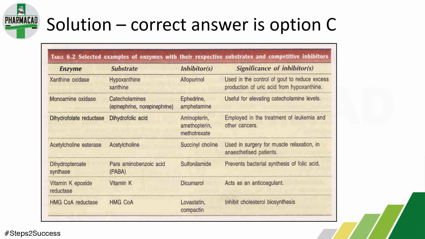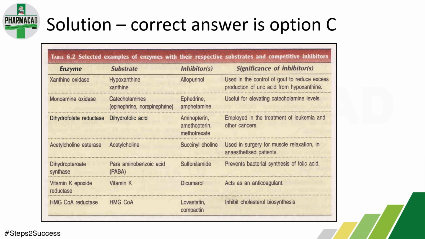For the enzyme xanthine oxidase, the substrate is hypoxanthine or xanthine and the inhibitor is allopurinol. Significance of inhibitor: allopurinol is used in the control of gout to reduce the excessive production of uric acid from hypoxanthine. When hypoxanthine undergoes the reaction with the enzyme xanthine oxidase, it produces a certain amount of uric acid, and accumulation of uric acid causes gouty arthritis.